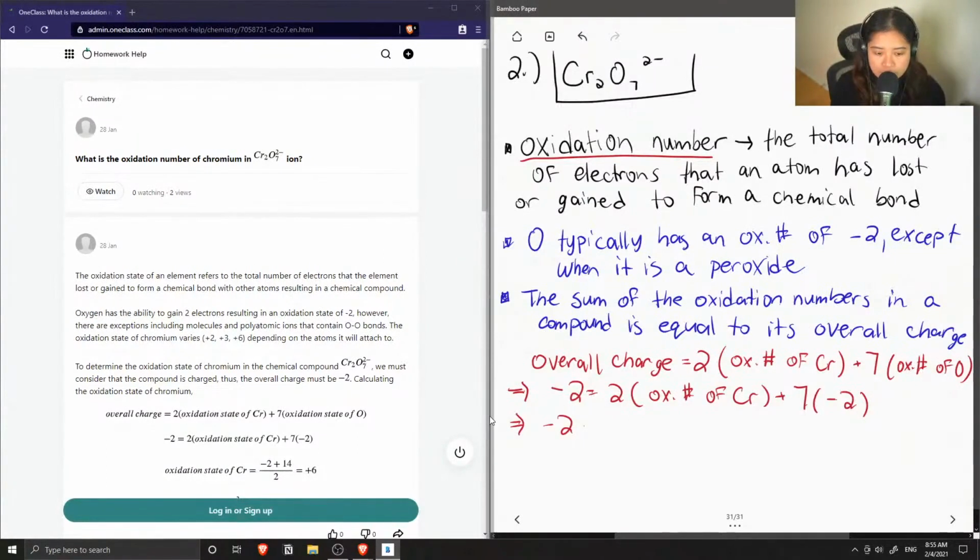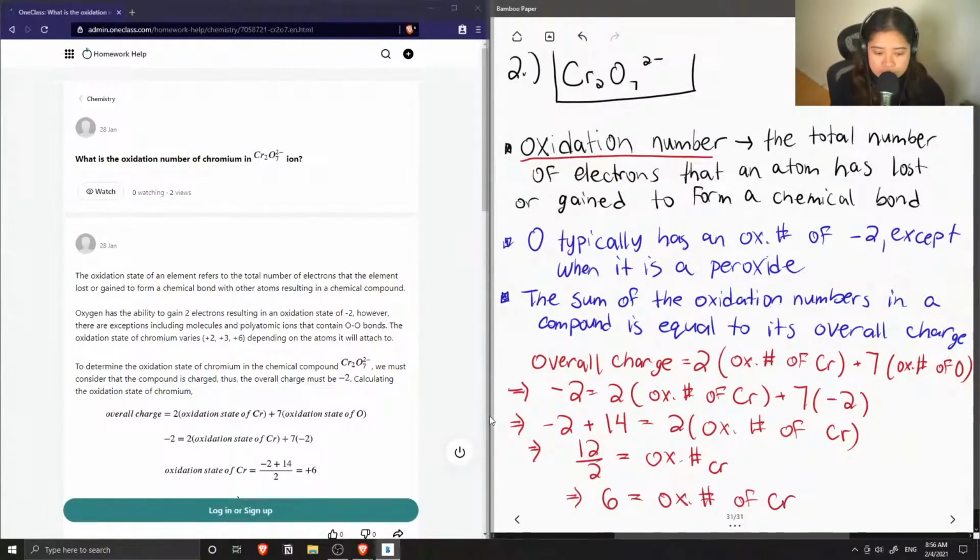So 2 plus 14 is equal to 2 times the oxidation number of chromium. So 12 over 2, making the oxidation number of chromium equal to 6, or positive 6.